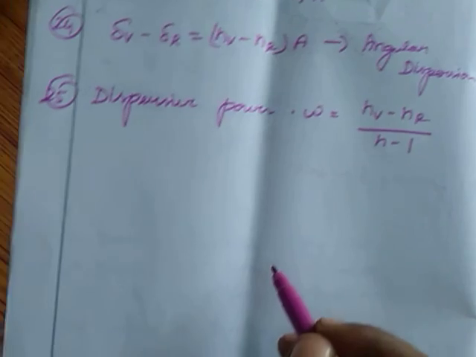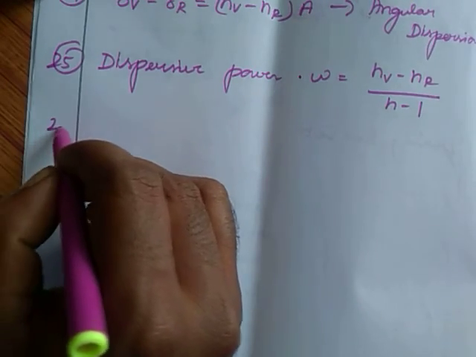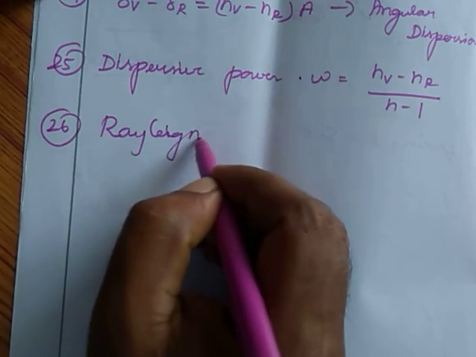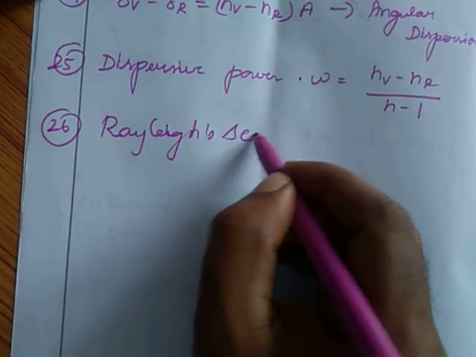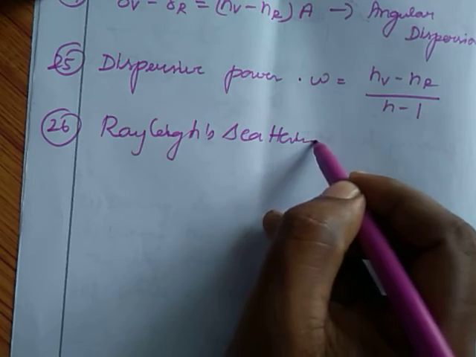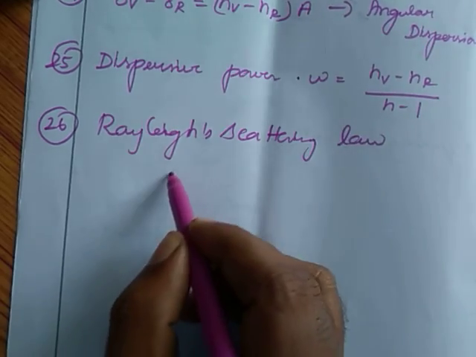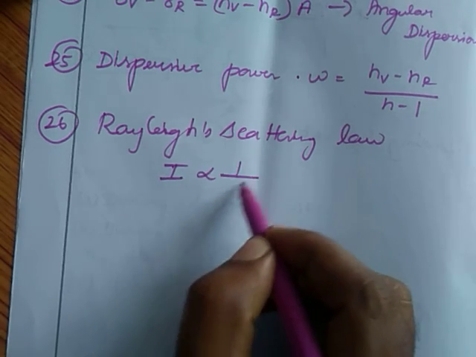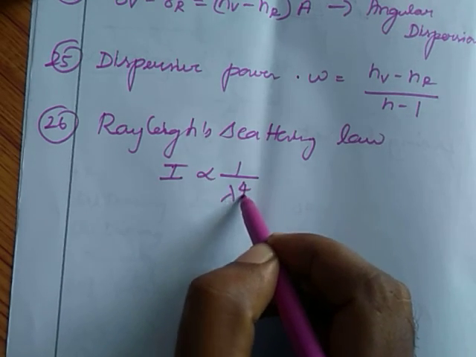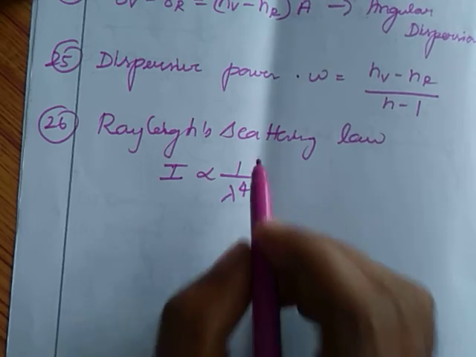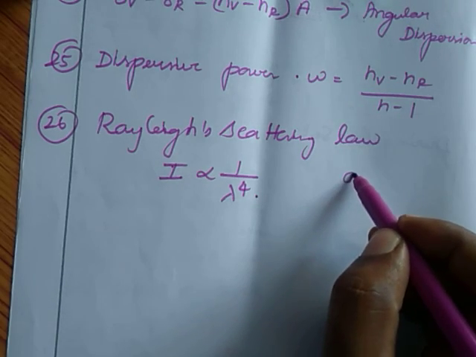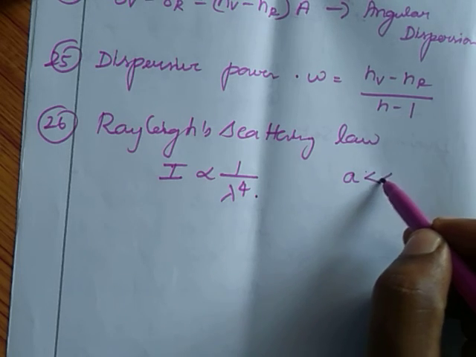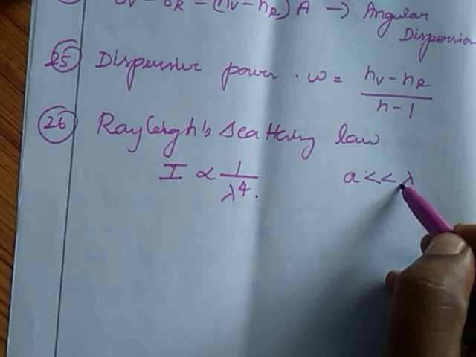Okay, then Rayleigh scattering law. Rayleigh scattering law indicates that the amount of scattering is inversely proportional to the fourth power of the wavelength. Here the Rayleigh scattering law is only for particles present in the atmosphere having a size less than the wavelength of the light incident on it.